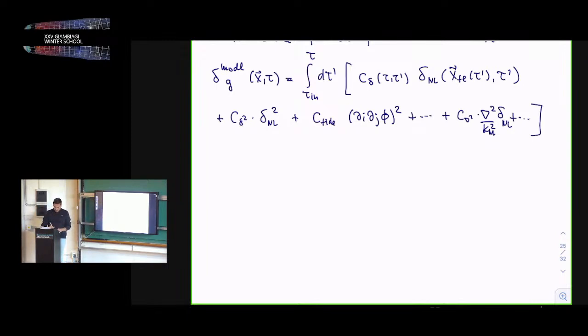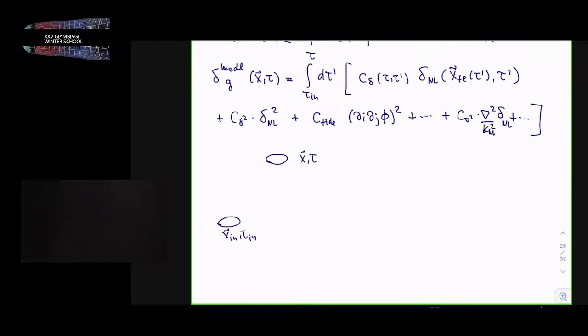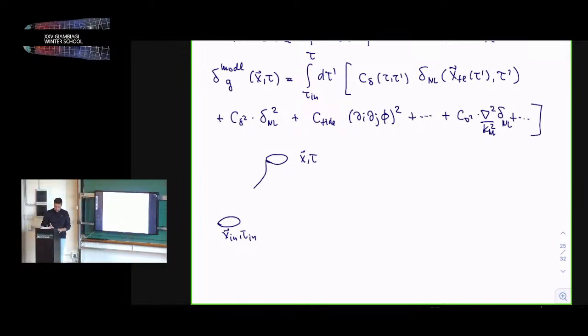So first of all, let me make a little cartoon. So this is some initial x, initial time. This is final time and final position. And we're imagining that the galaxy follows basically this line, and at the beginning it is just a bunch of dark matter particles, and eventually at some point a galaxy forms where we see it today.